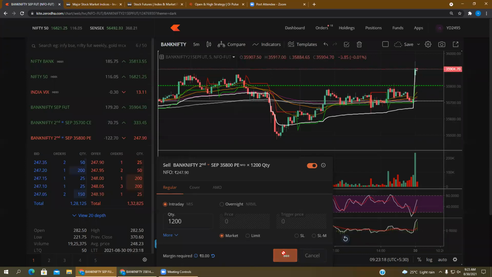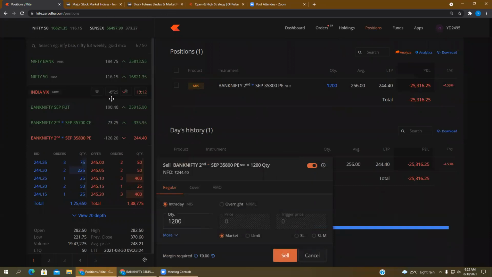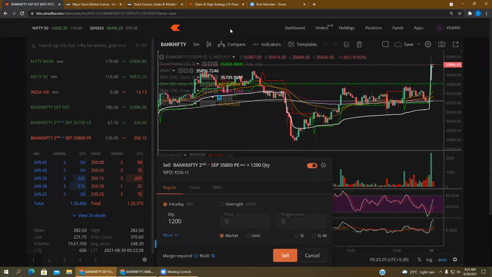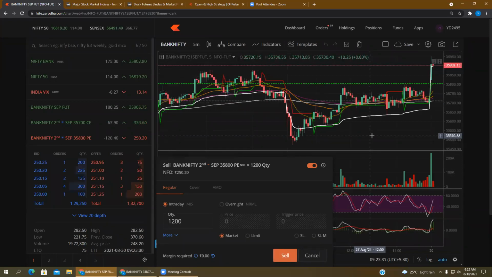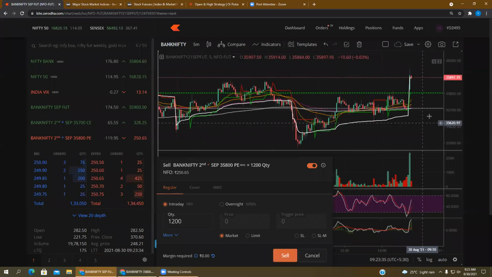I'm going to reduce my quantity. I'll just keep 1200. If it goes below 235, I'll exit this one also. This 1200, if it goes below 235, I'll exit that as well. So I've exited 1200 quantities in a little bit of loss, which is okay. Now I have only 1200.